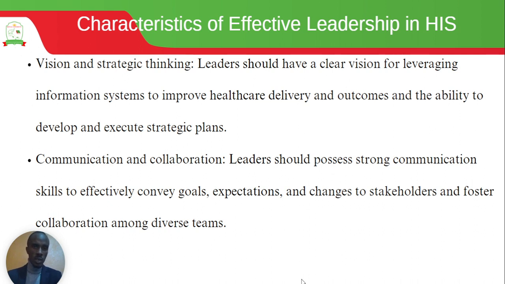So, leaders should have a clear vision of how we are going to take advantage of these information systems so that we can improve healthcare delivery and outcomes, and the ability to develop and execute strategic plans. Yeah, very essential in an effective, efficient leader.